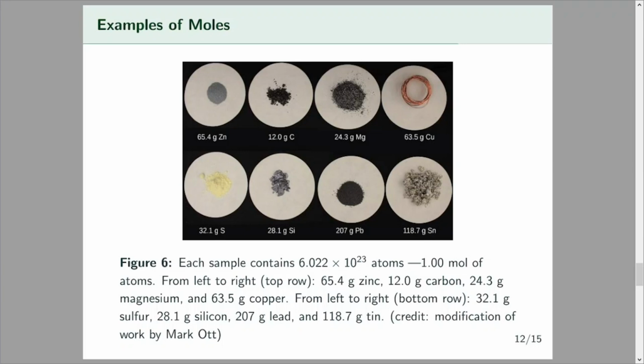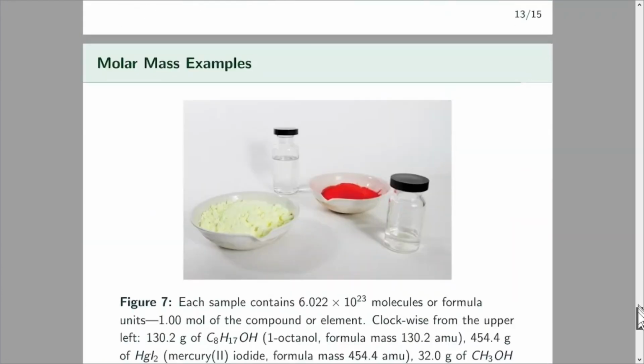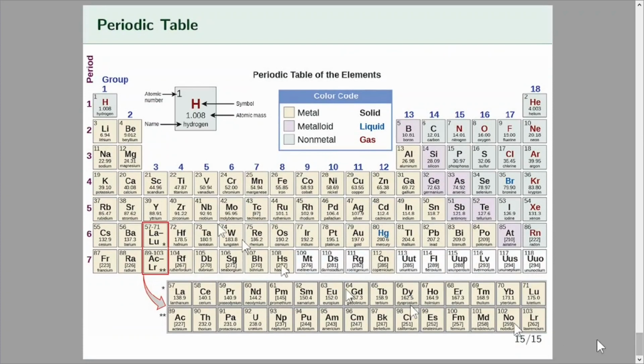So just as a mole of bricks and a mole of cinder blocks have different masses, a mole of zinc atoms and a mole of carbon atoms have different masses. If you look at a periodic table here, you'll see this number below the magnesium, for example, is 24.3. That's the atomic mass of a magnesium atom in atomic mass units.